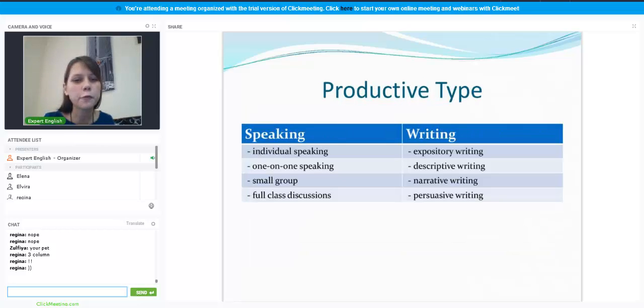As for full class discussions, I really ask you to make some really great projects with all your class. We talked right now about food in different countries of the world.